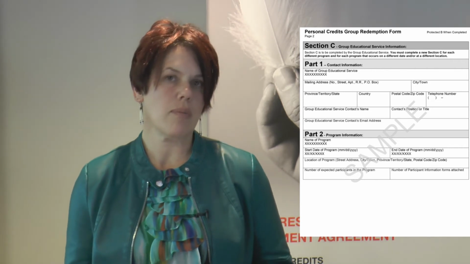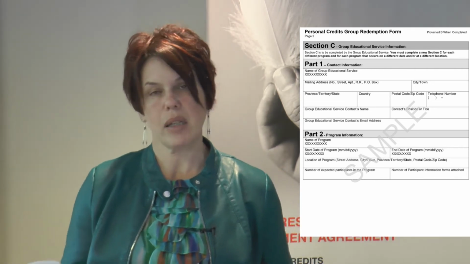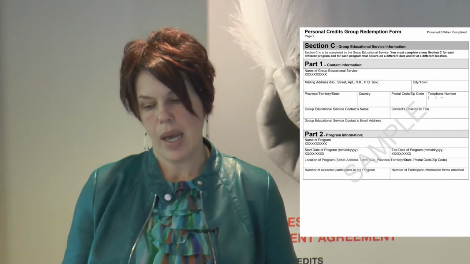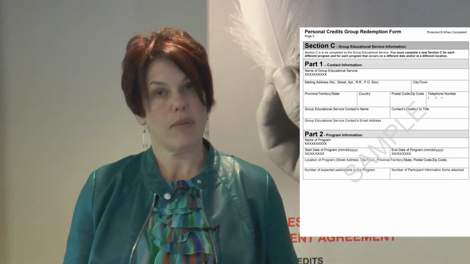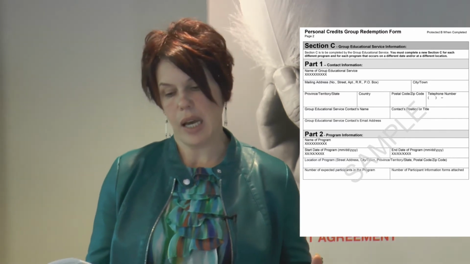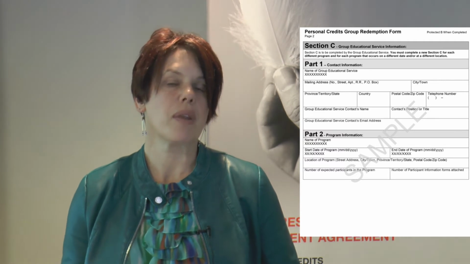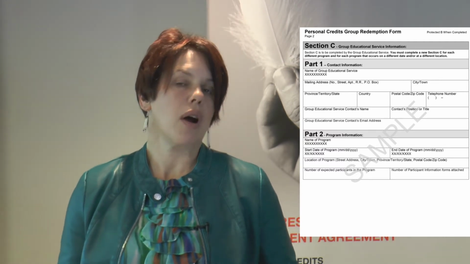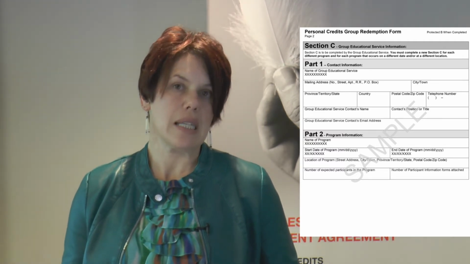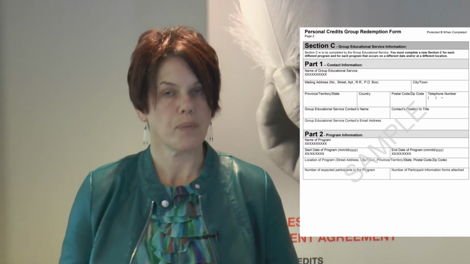Now, there's something that's a little bit tricky about this form that people really need to be aware of, and that's the number of expected participants in the program and the number of participant information forms attached. So on the left-hand side, where it says number of expected participants in the program, that number is probably going to stay the same every time this redemption form is filled out.